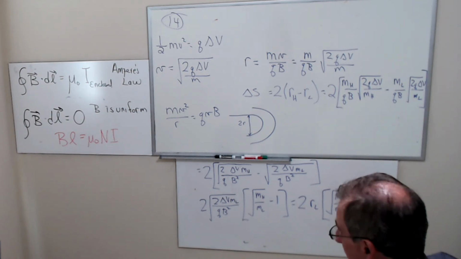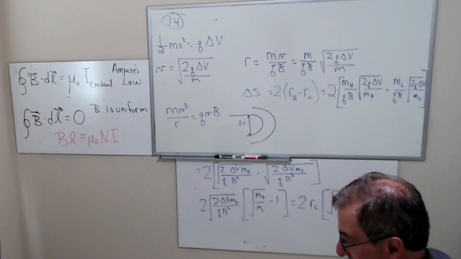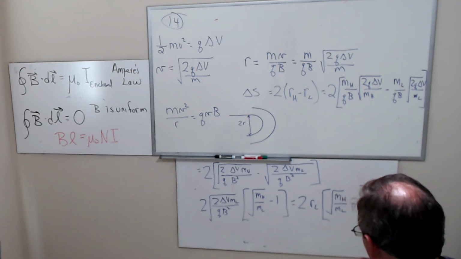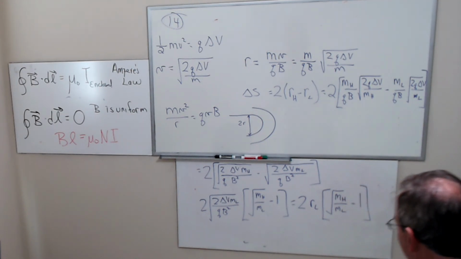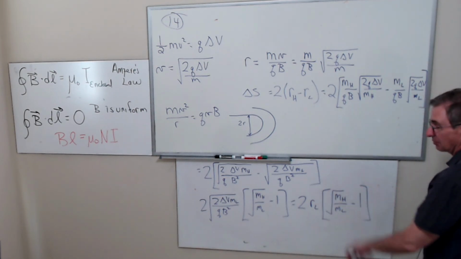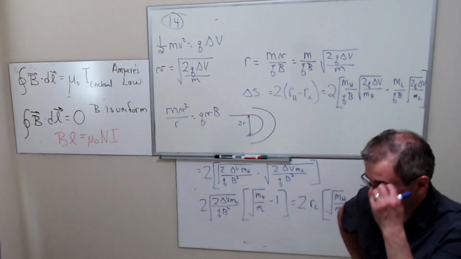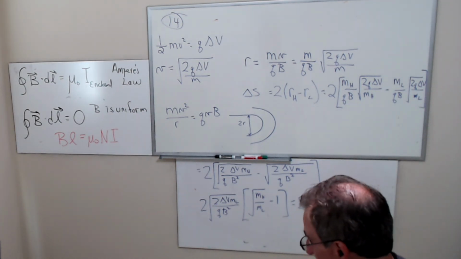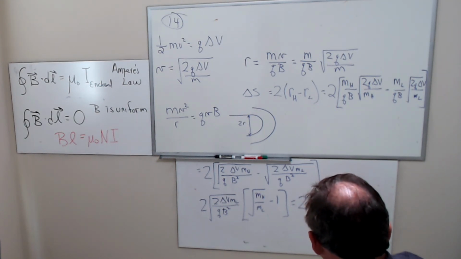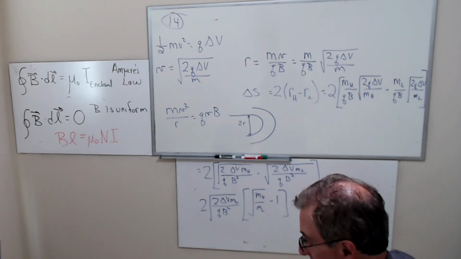So now you can just plug in the values. People who do mass spectroscopy have to be familiar with these equations, or they become familiar with them. I don't know if you do these in chemistry. Are we okay with that?